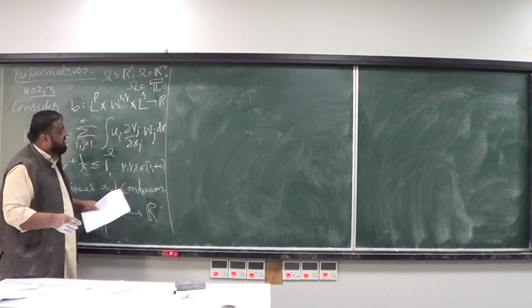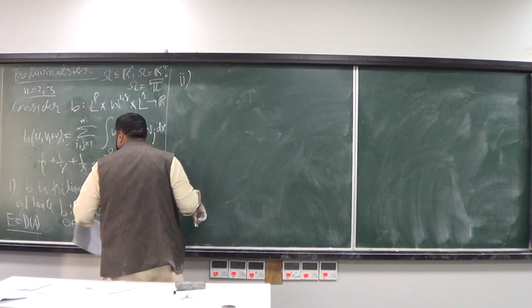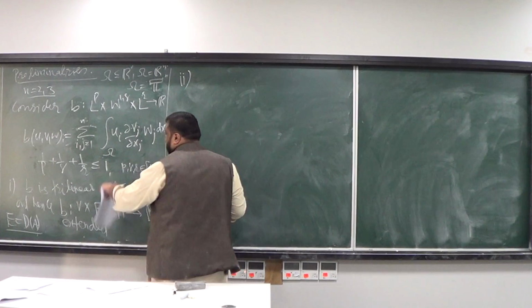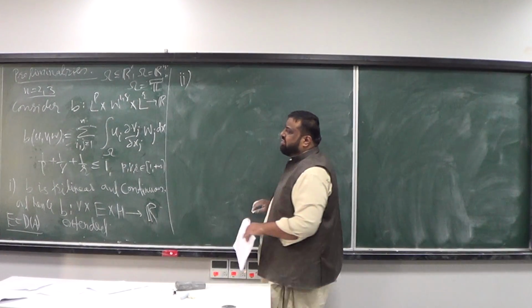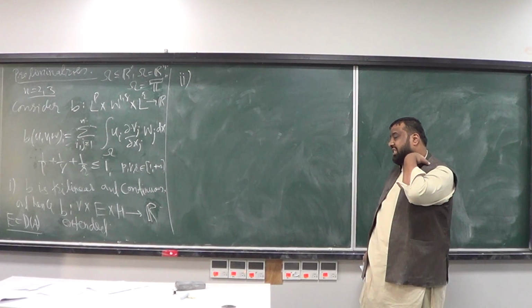So the second important property we can show about B, if you're interested you can see all this stuff and all these proofs from Temam. I'll upload the chapter of Temam and you can read it from there.